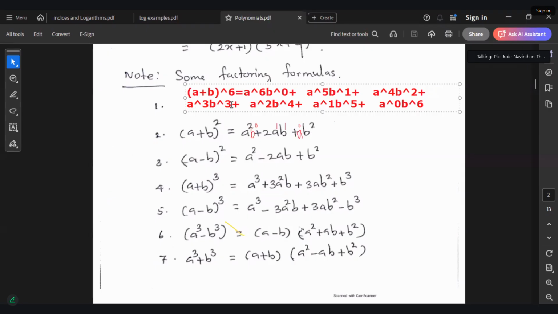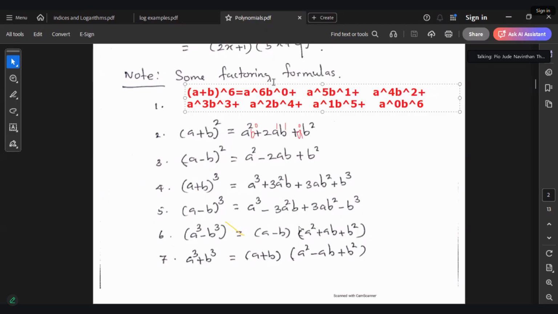Here A3, B3: 3 plus 3, 6. A2, B4: 6. A1, B5: 1 plus 5, 6. A0, B6: 6. So every element of the product contains the power or degree 6.